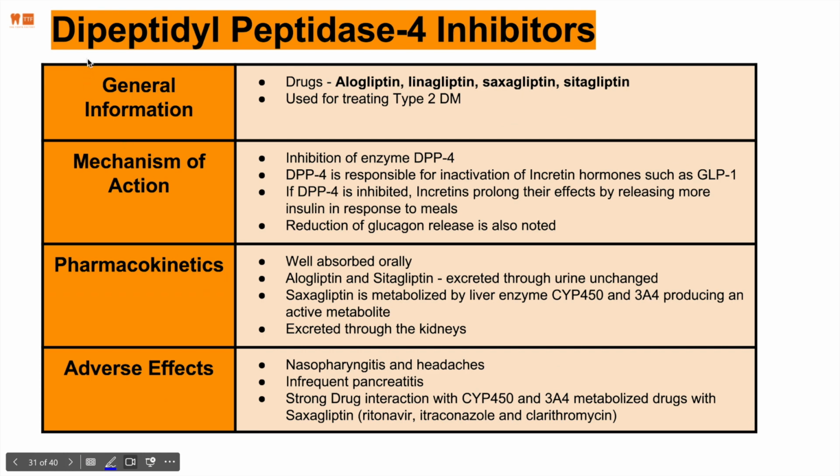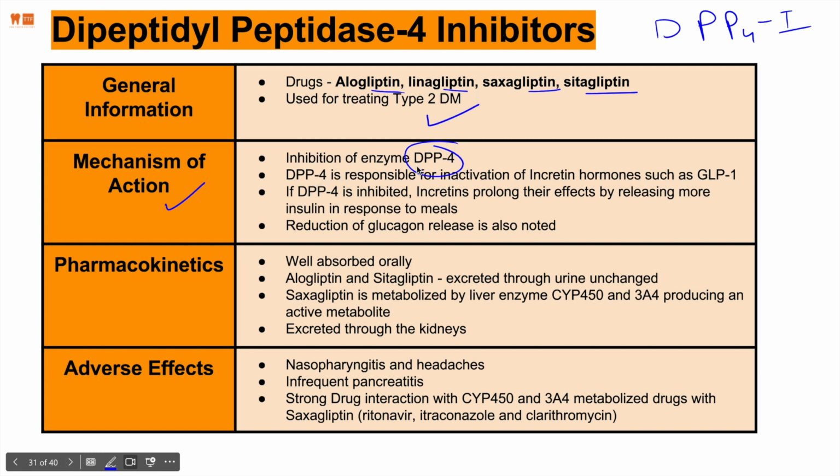Next classification is dipeptidyl peptidase 4 inhibitors, DPP4 inhibitors. Generally, these drugs are alogliptin, linagliptin, so all the gliptins, and saxagliptin and sitagliptin. They're used in the treatment of type 2 diabetes mellitus. The mechanism of action is inhibition of, obviously, the enzyme DPP4.